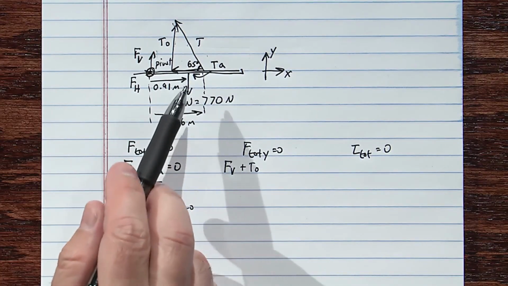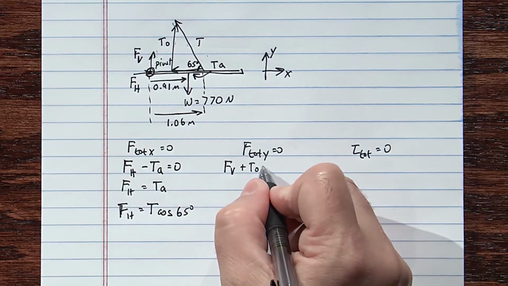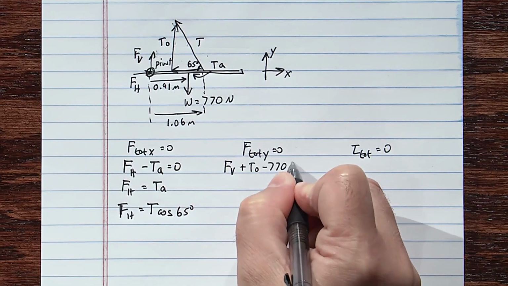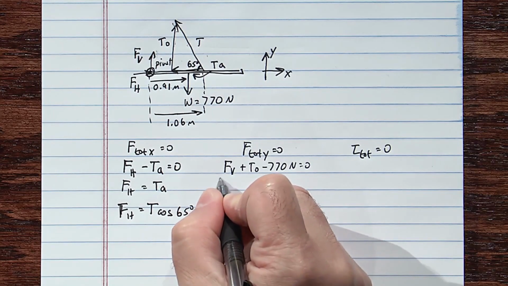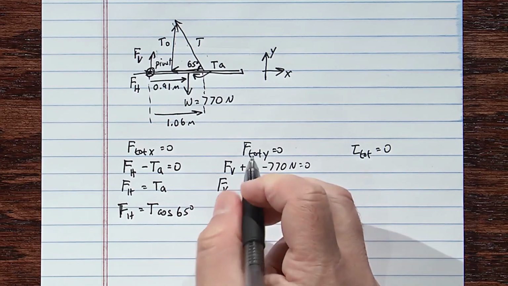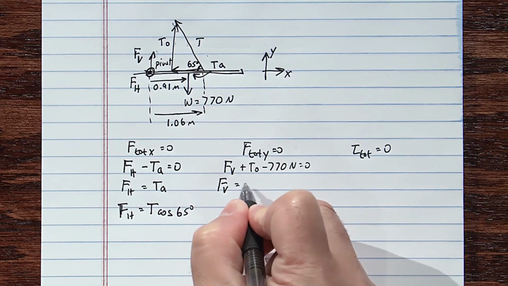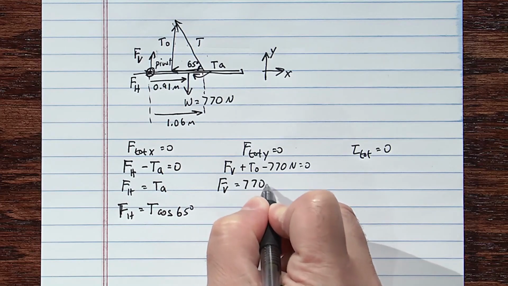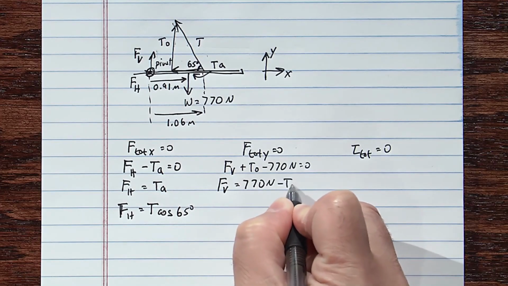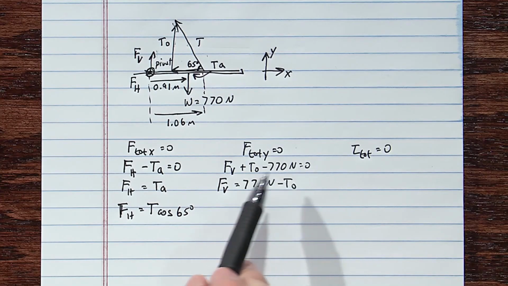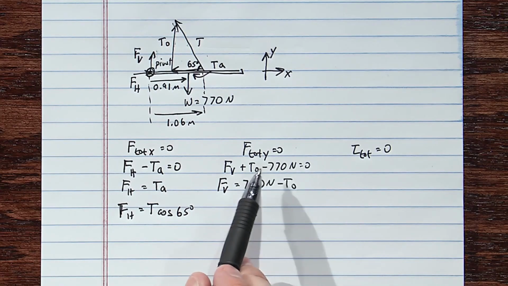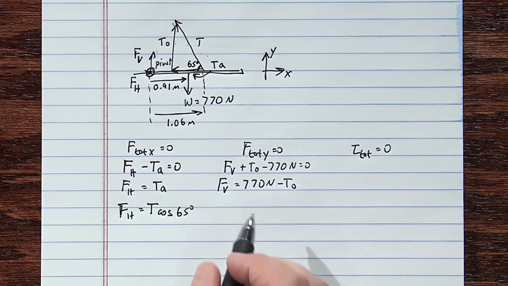Weight is in the negative y direction, so minus 770 newtons equals 0. That tells us that force vertical is equal to 770 newtons minus tension opposite. I've added 770 newtons to both sides, and I've subtracted tension opposite from both sides.